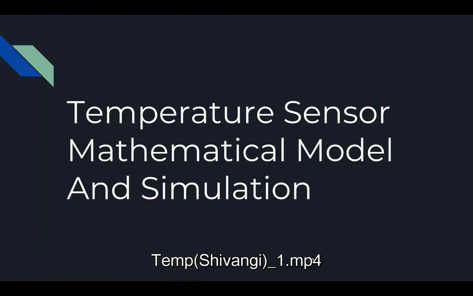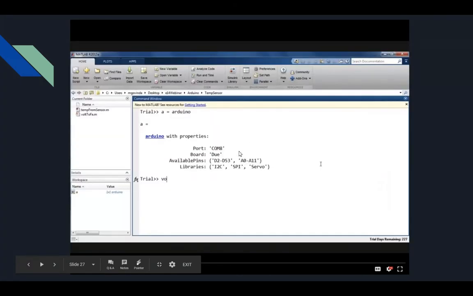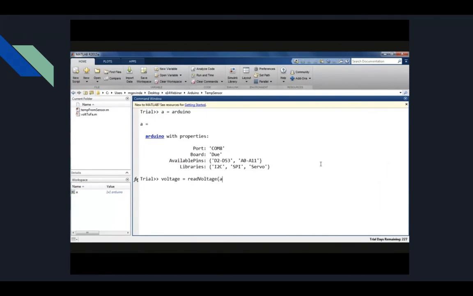For the temperature sensor mathematical model and simulation, we again have used MATLAB. We had a temperature sensor in our hardware lab, so we used it and collected some real-time data. In this video, we can see that the read voltage function reads the voltage from the input pin.